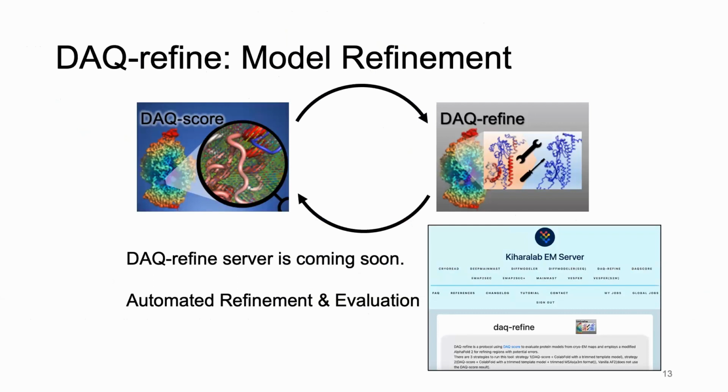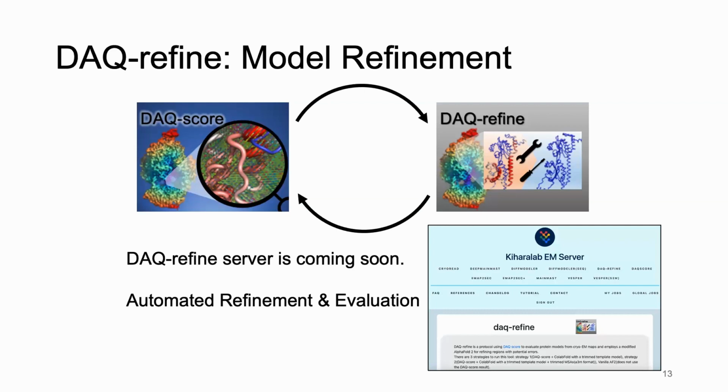So then we developed the DAQ refine. We are proposing that first we check the accuracy of the DAQ score of that local region, then use the DAQ refine. For DAQ refine, currently we are developing the server. It's fully automated, including AlphaFold, ProPCA, sequence alignment and DAQ score. Then it will refine the structure, then check the DAQ score again.